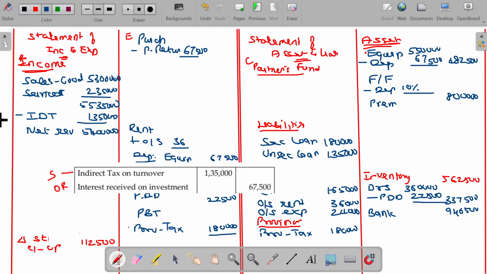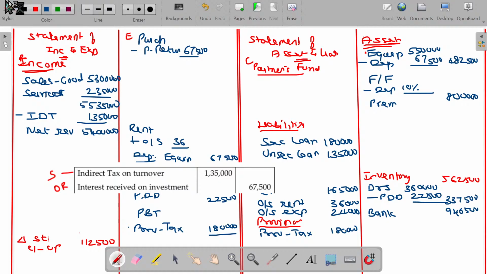It is only 100. The 18 rupees collected is to be deposited with the government. It's not his income. He has to retain only 100 rupees. So 100 rupees is the income. So from any revenue collected, 118, the GST collected is subtracted. Net will be only 100 as income. The GST collected is deposited to the government. It's the amount payable to the government. Is that clear?